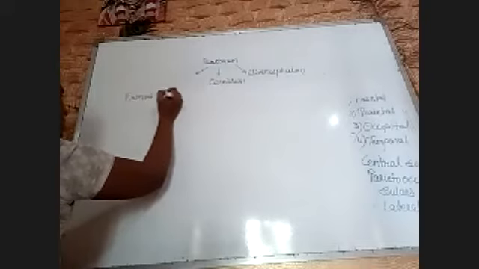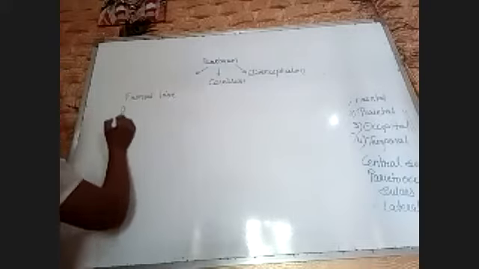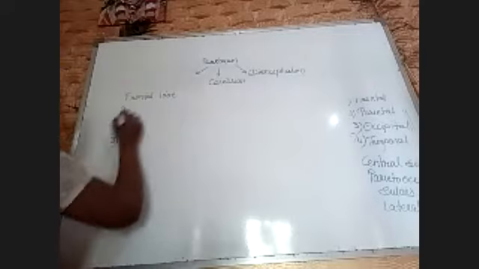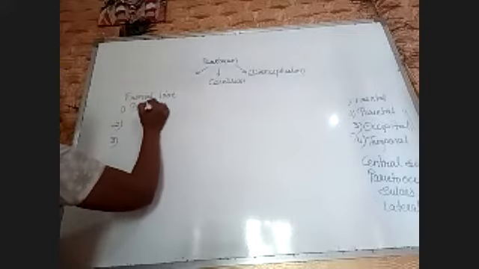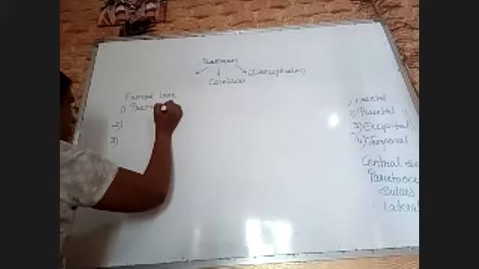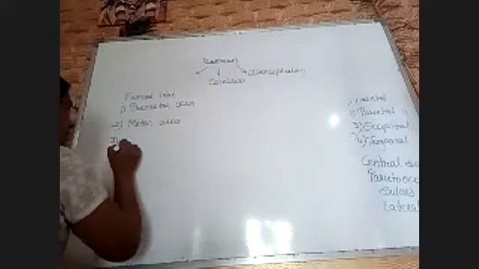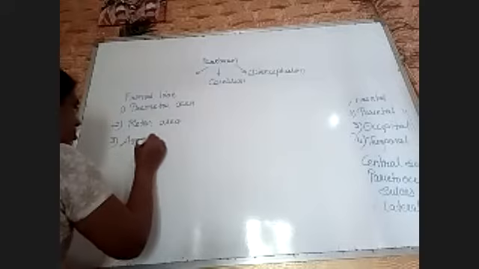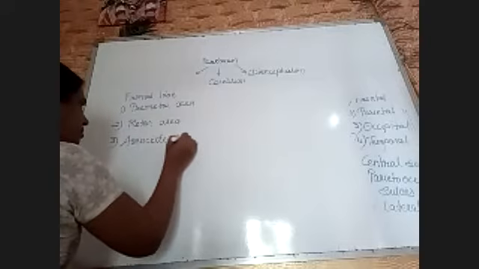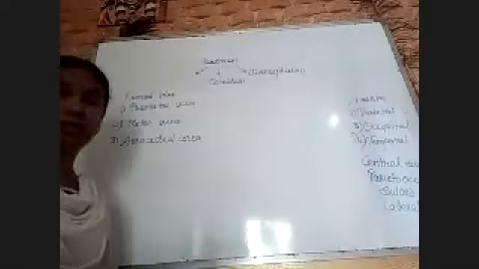So in this frontal lobe, three areas are present: premotor area, motor area, and the association area. These are the three areas which are present in the frontal lobe.